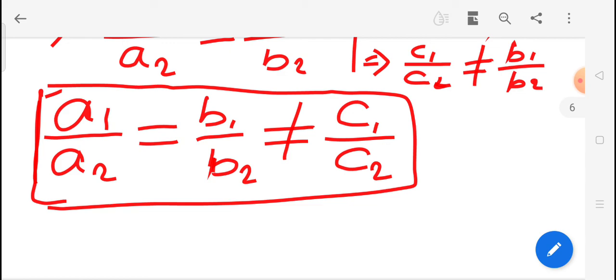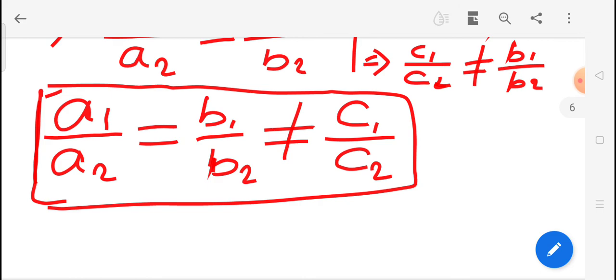So we got the slope as well as the intercept. Now we know from a graphical point of view how we can get the unique solution when the lines are intersecting, many solutions when the lines are overlapping, and no solution when the lines are parallel.